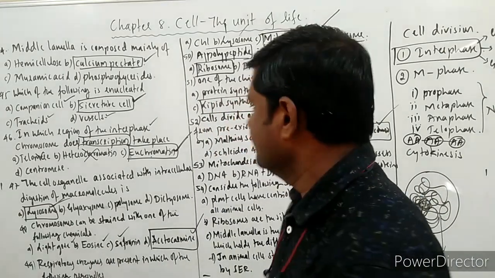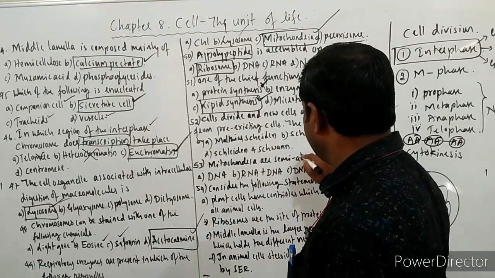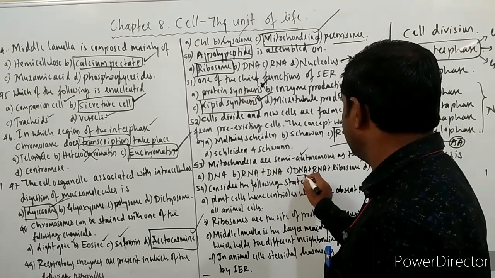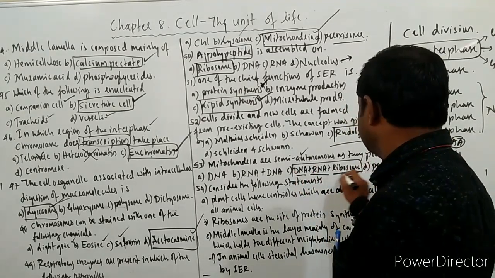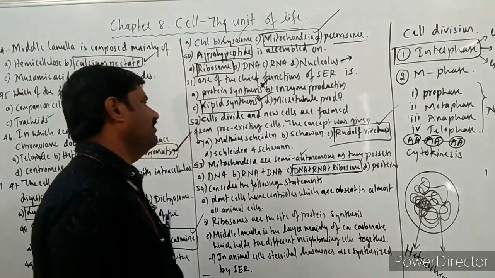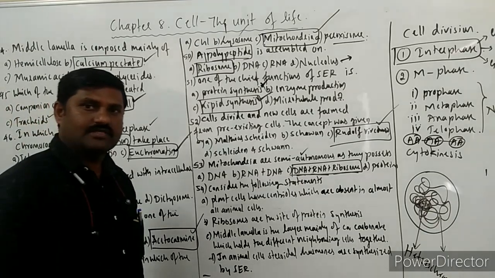That is why mitochondria are said to be semi-autonomous in nature, since they contain DNA, RNA as well as ribosomes. Hence option C is the right answer for this question. Okay, we shall go to the next question.